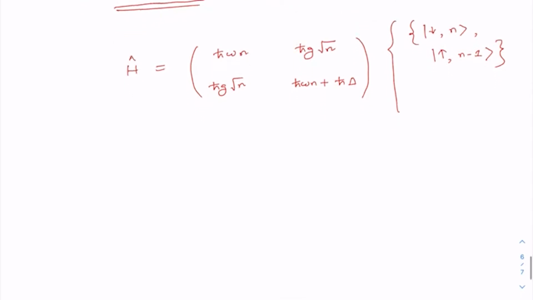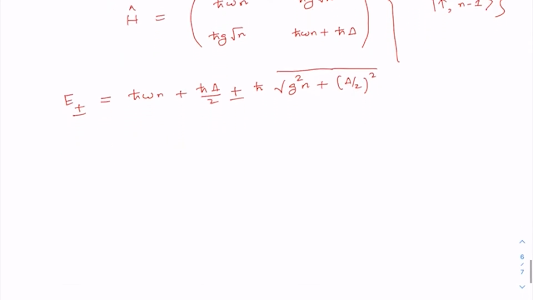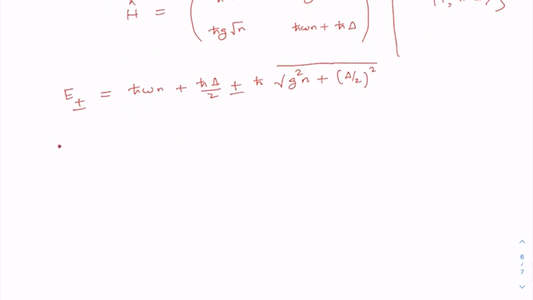Now also we worked out the energy eigenvalues of this matrix. So it was E± equal to ħωn plus ħΔ/2 plus or minus ħ√(Ω²n + (Δ/2)²). Now let us assume, as we are considering the dispersive case, that the detuning is much greater than the coupling parameter.